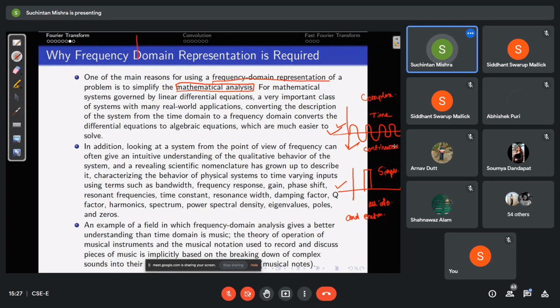So that is the reason most of the digital communication that takes place, even your television communications nowadays, are using a digital mode of communication. And most of the digital communication deals with frequency domain representation. They do not deal with the time domain representation. All those sounds, videos, images, and texts that you are sending are converted into their corresponding frequency domain.